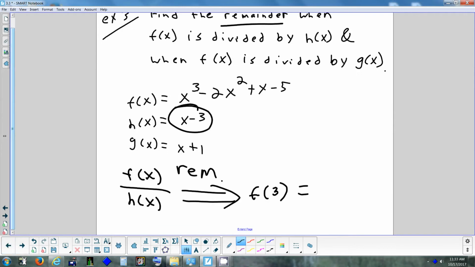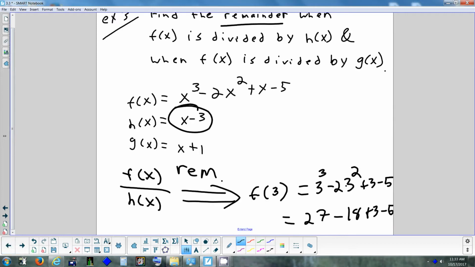All right, so when we do that out, we're going to get 3 cubed minus 2 times 3 squared plus 3 minus 5. 3 cubed is 27. What's 3 squared? 9 times 2 is negative 18.